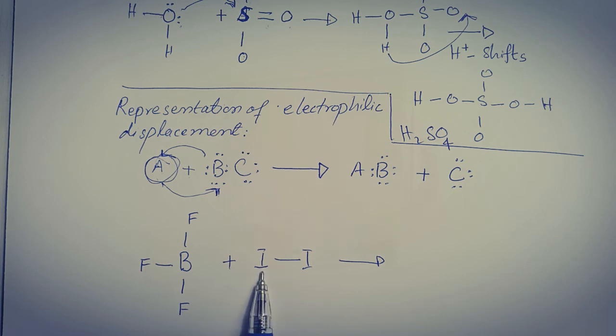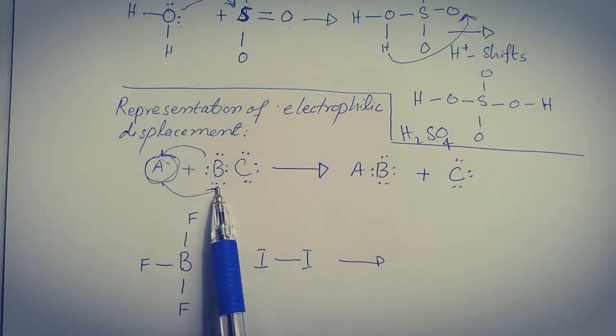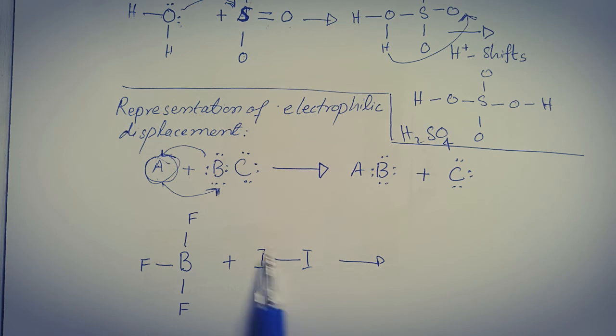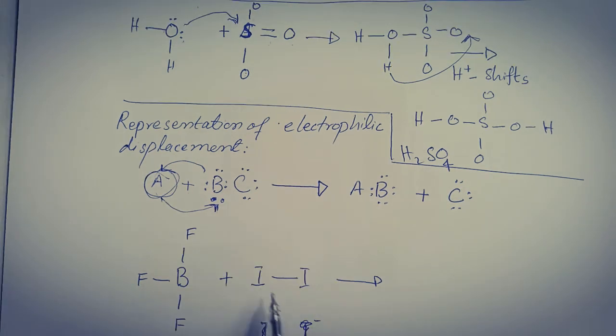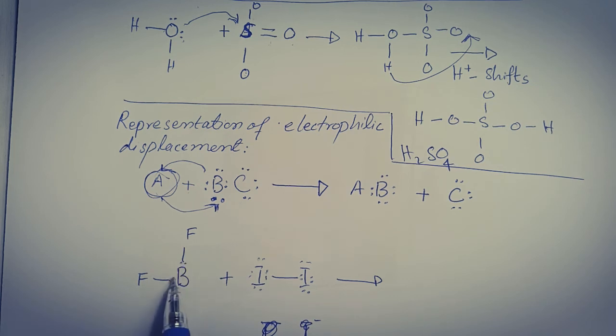For example, here iodine is an electron rich species having 8 electrons around each iodide ion, but here we have iodine in the form of an I2 molecule, which also has 8 electrons in the outermost shell of each iodine, and here boron is electron deficient, having an empty orbital.